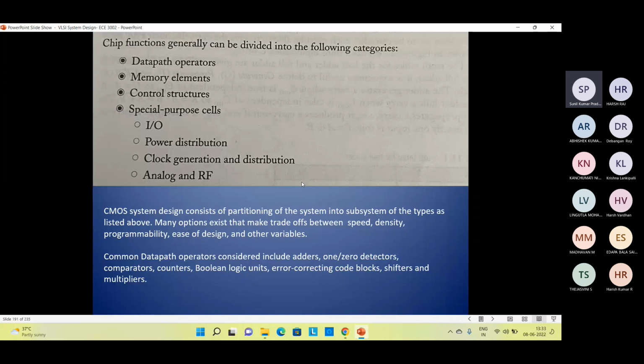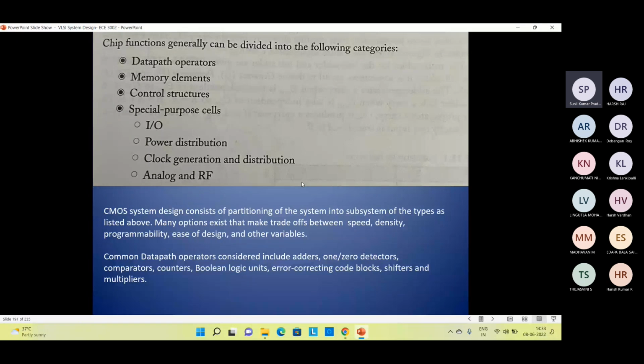So these are the categories where the division has been made as far as chip function is concerned.